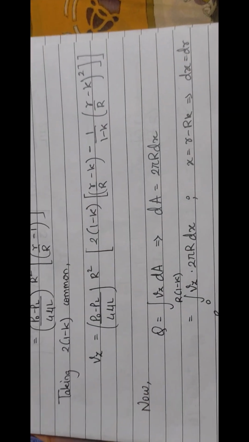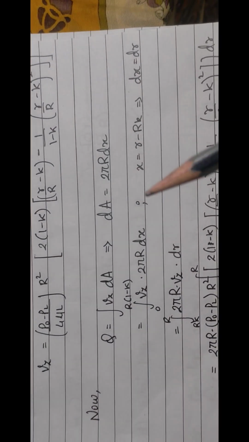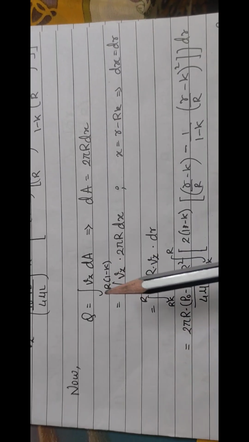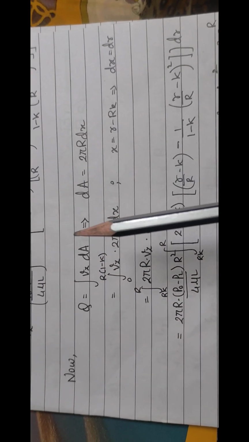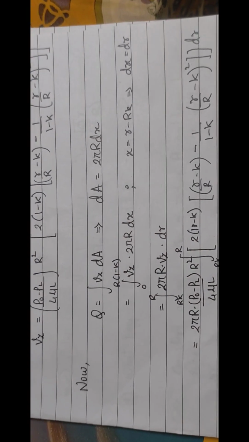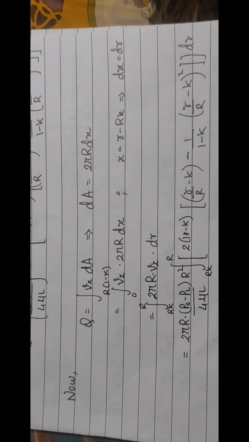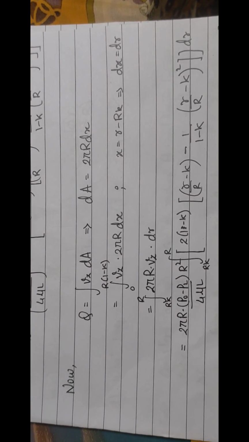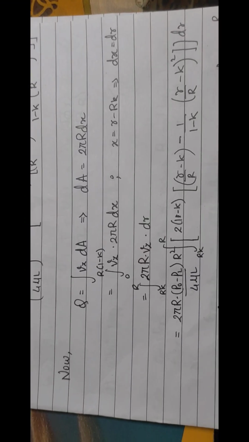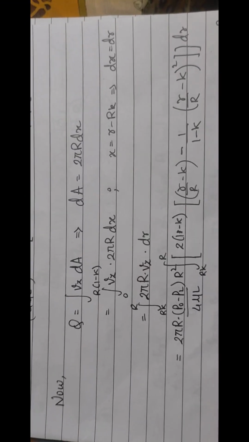Now we can say that volumetric flow rate is Vz into area. Verifying the units, the unit of velocity Vz is meter per second and area is meter square, so it indirectly becomes meter cube per second.